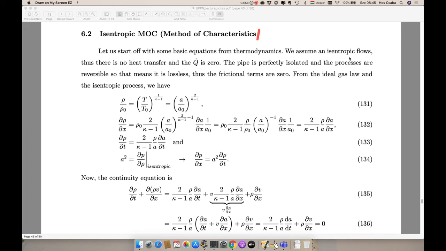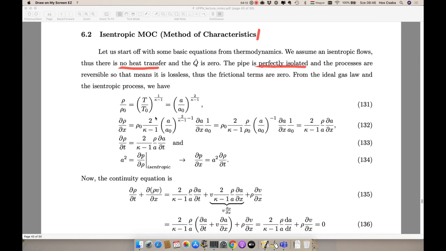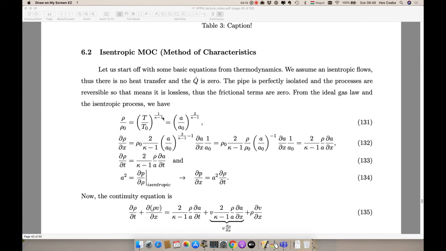As I said, we assume isentropic flow, so there is no heat transfer, it's perfectly isolated, or the process is reversible, and the friction terms are also zero. Now, before we start doing anything, we make some preliminary calculations. If it's an isentropic process, then you can develop equations that connect, for example, density and sonic velocity between any point in the flow, rho, and some initial state, rho naught.